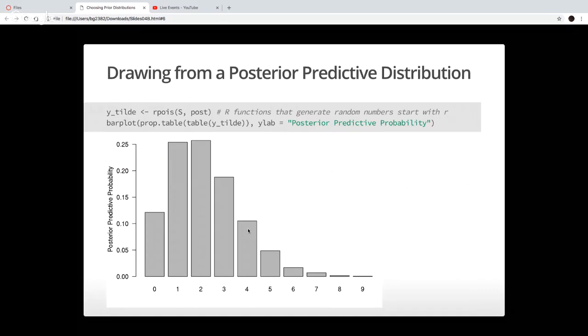Not many. And yet we predict 12% of the apartments are going to have 0 people in them. So 0 is possible. 12% being 0 in Manhattan, not possible.